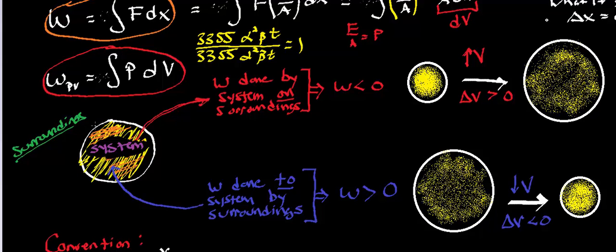So I'm going to consider this system right here, everything contained in this white circle. We assume there's a gas inside here. The surroundings is everything outside of the circle, or outside of the system. Now, the way we define whether a state function or a path function is positive or negative is whether or not energy is added to the system or taken away. So let's assume for a second that work is done by the system.